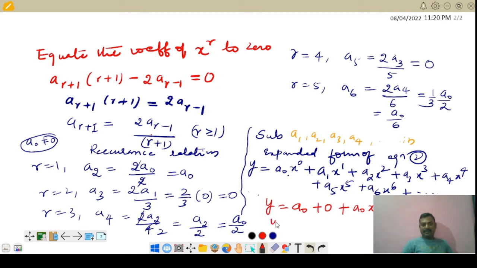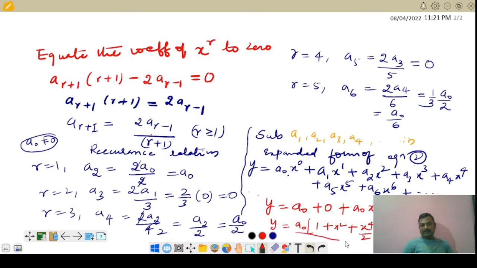So finally you will get y is equal to, see, take a0 common, you get 1 plus x square plus x raised to 4 by 2 plus x raised to 6 by 6 plus so on.